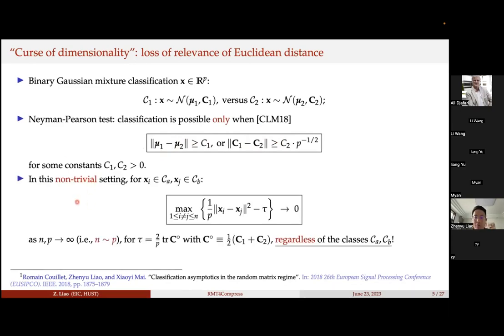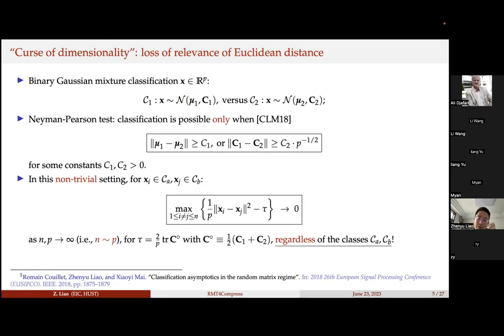It's non-trivial because the classification is still possible, since we just take the equal sign, but it's not easy, in the sense that we are not letting their difference be very large. Otherwise, the Gaussians would be super far away from each other, in which case the classification becomes trivial and we can only compare the norm of our data vectors to distinguish whether they belong to C1 or to C2.